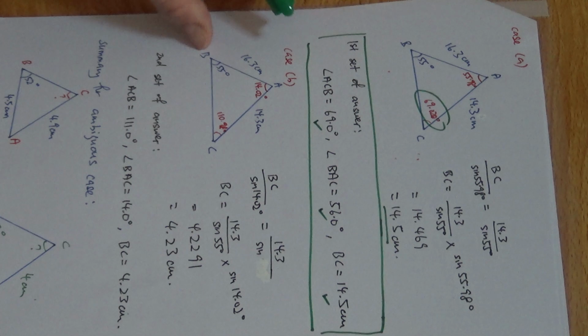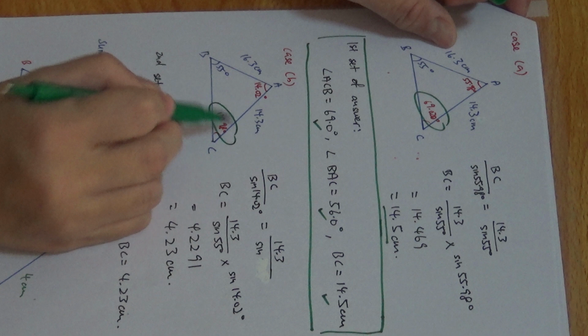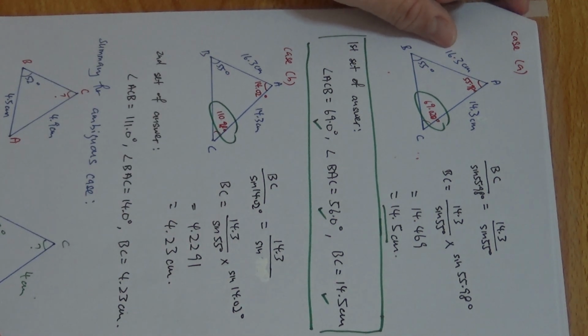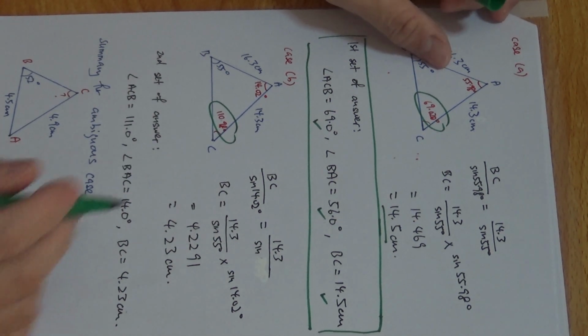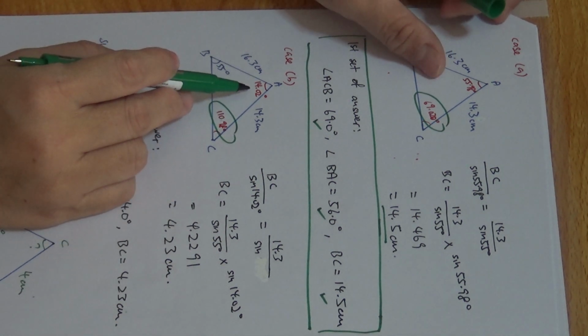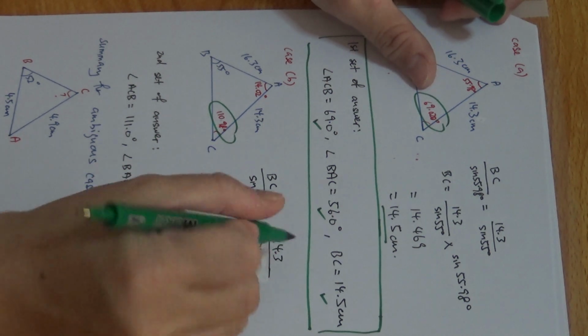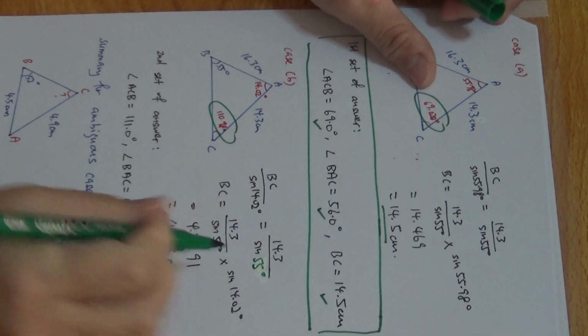Just now we had two answers for angle C, 69.020 and 110.98. For case B, this angle here will be 110.98. We take BC over sine 14.02 equals 14.3 over sine 55 degrees.